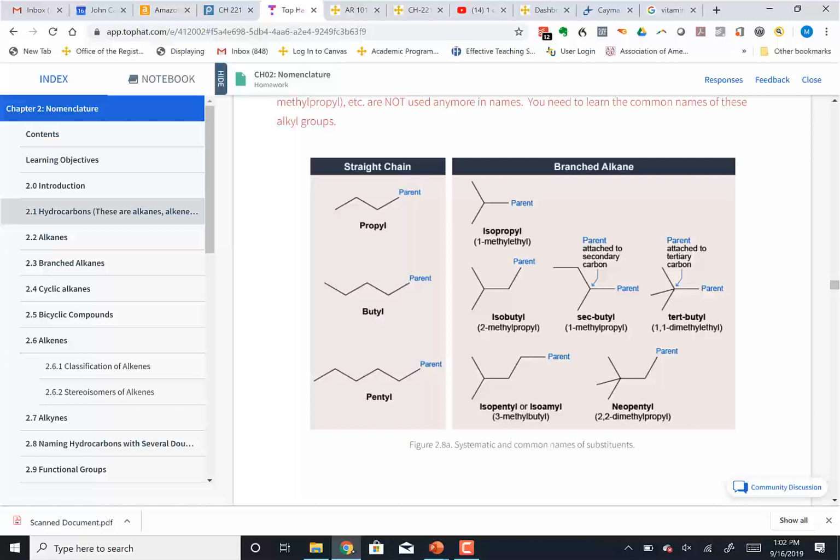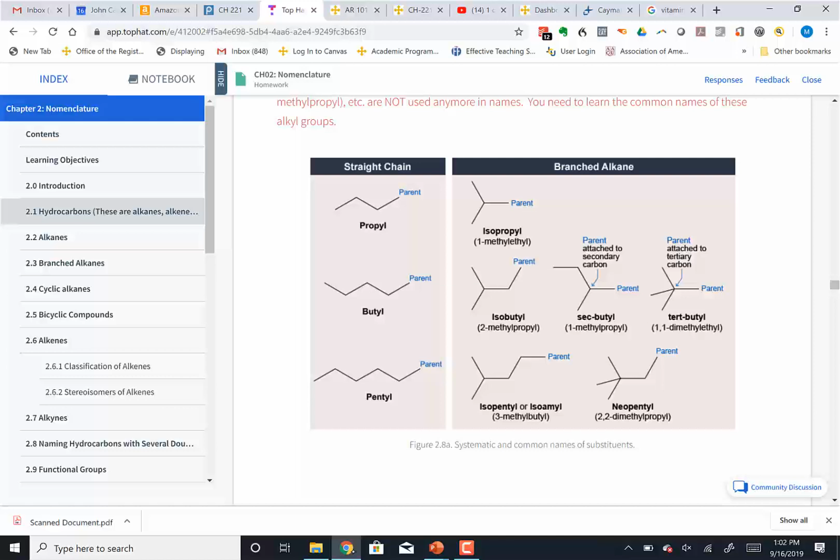In bold is the official IUPAC name of them. Now, they may have called these common names, but I'll explain. IUPAC has accepted those common names as being IUPAC names. So all of the ones in parentheses are not accepted anymore.